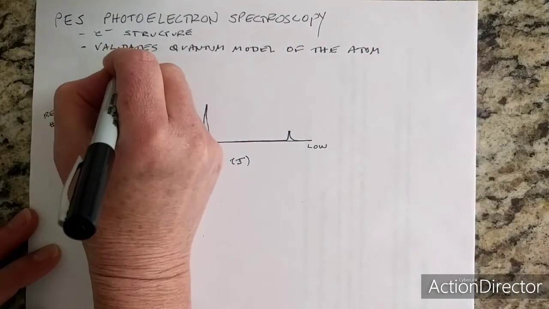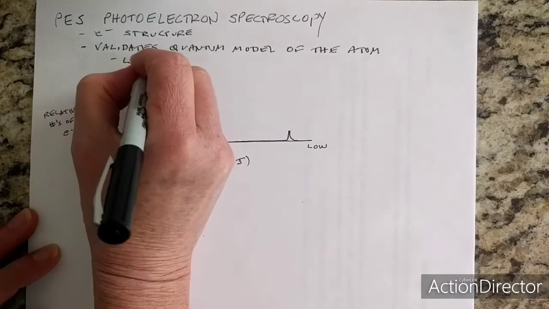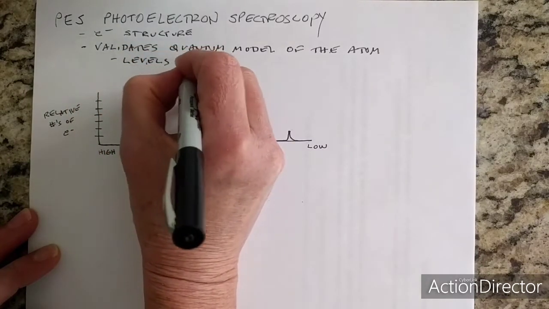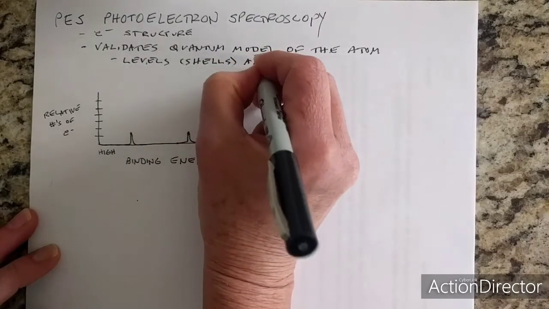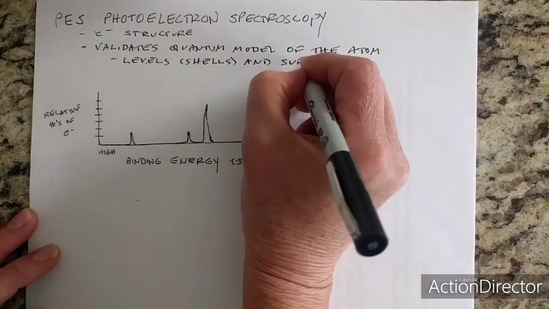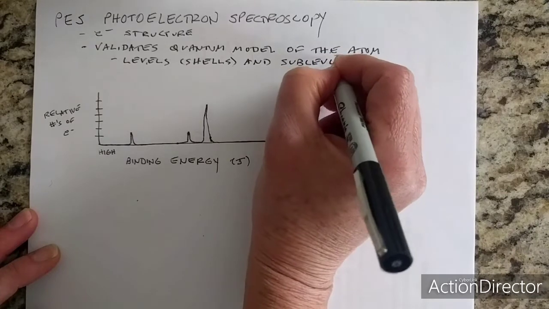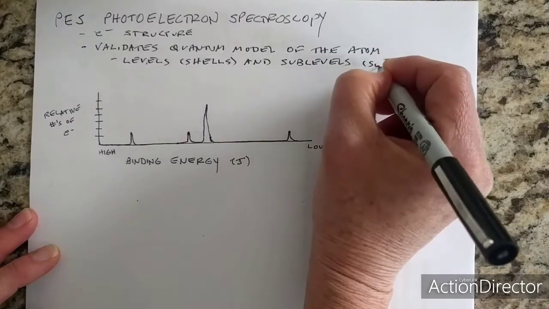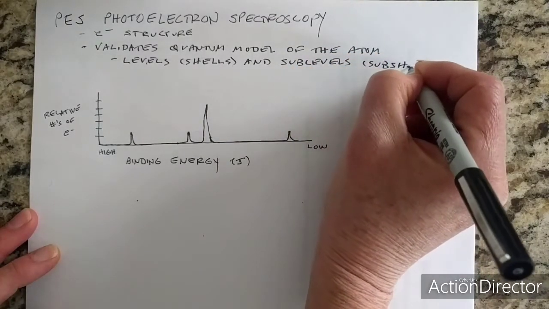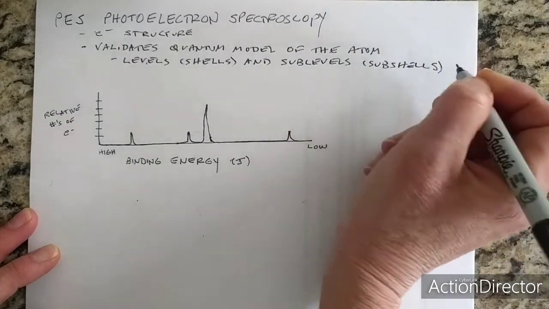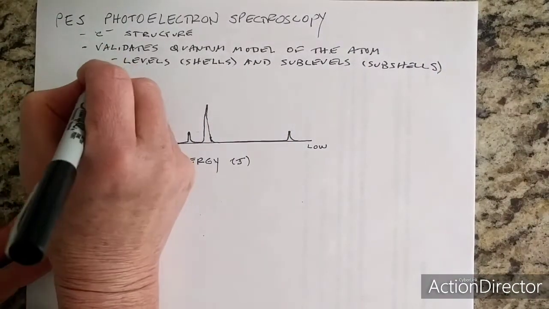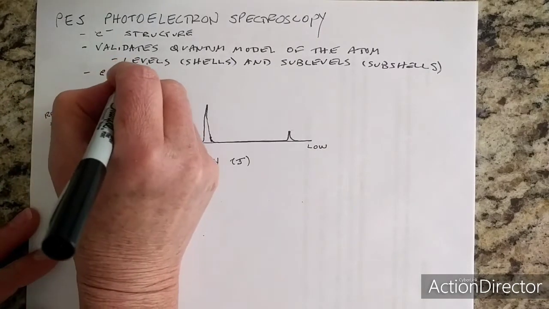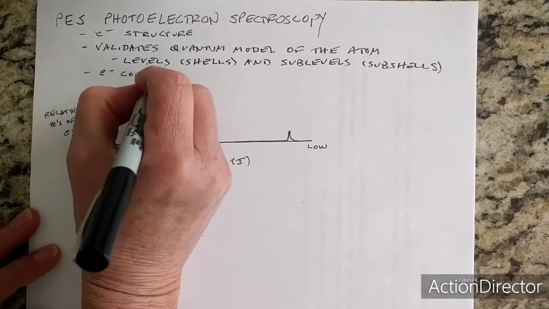It gives us the idea of levels, main energy levels, sometimes called shells, and sublevels, or subshells. And from PES, we can figure out an electron configuration.